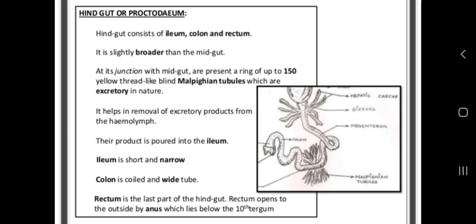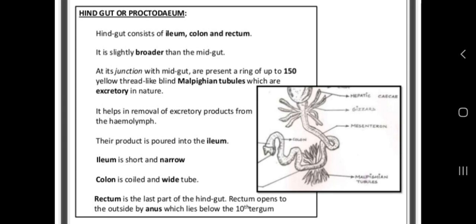Hindgut is divided into three parts: ileum, colon, and rectum. Ileum is short and narrow, while colon is a coiled and wide tube. Rectum is the last part of the hindgut. It opens to the outside by the anus, which is present below the 10th tergum.